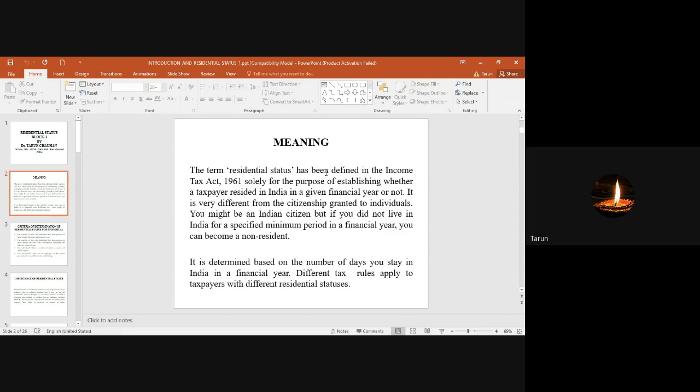In conclusion, the residential status of an individual depends upon whether a particular taxpayer has stayed in India or not, and by calculating the number of days they stay in India, we determine their residential status.